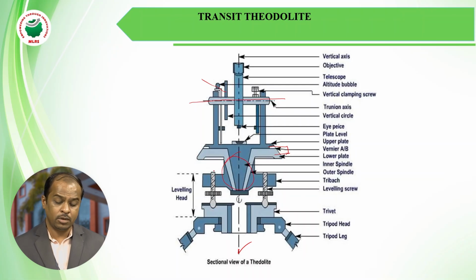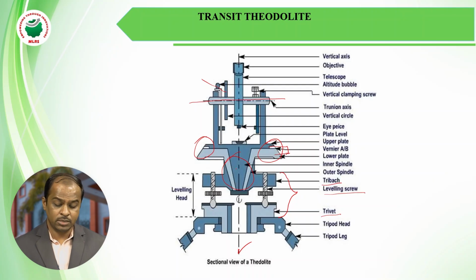With respect to the lower plate, the upper plate will rotate. After that, we can get the reading at the verniers, vernier A and vernier B. Then this is the tri-brach, this is the trivet, and this one is the leveling screw. Including these three, from tri-brach to trivet, we call it a leveling head.